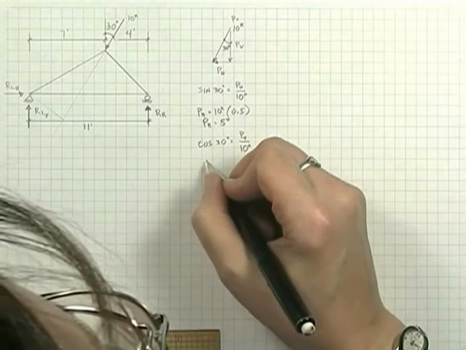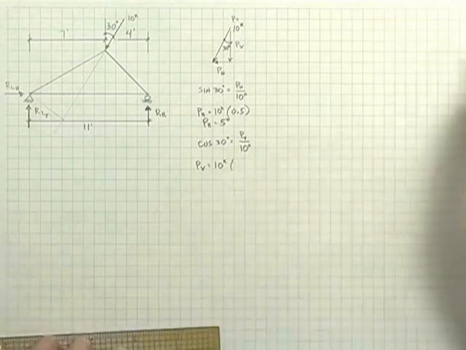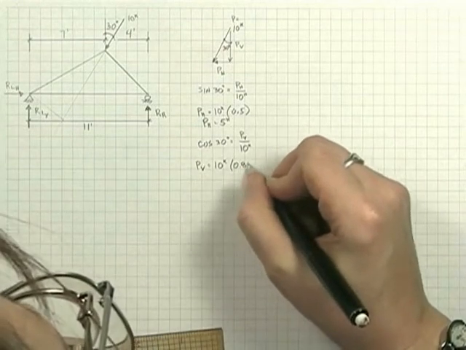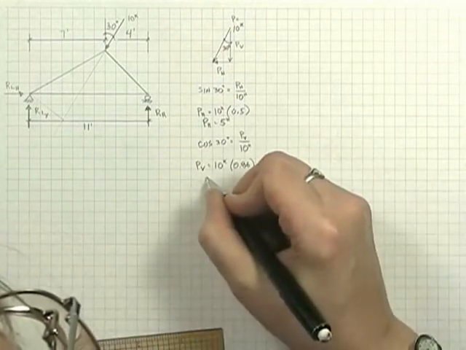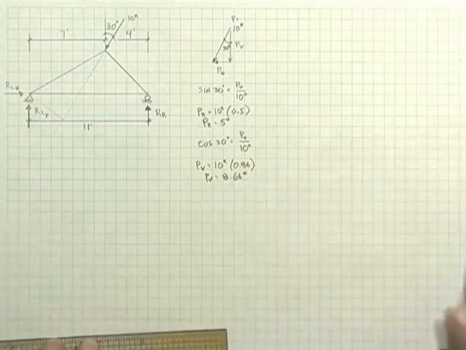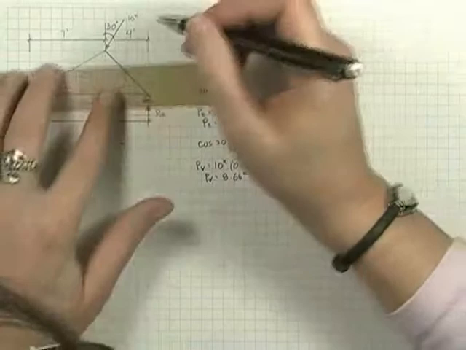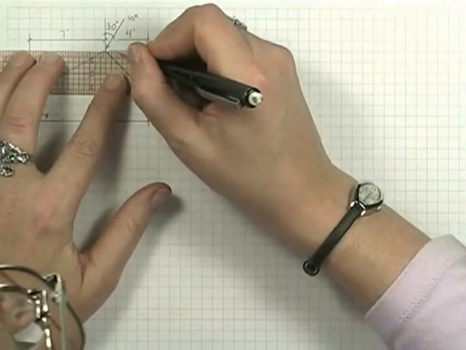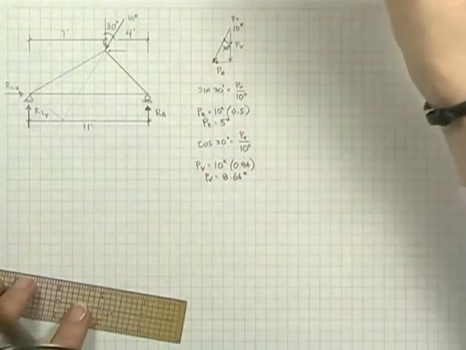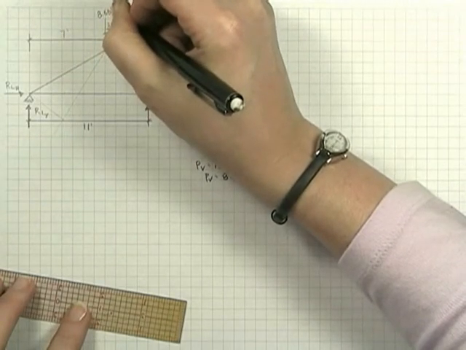So P vertical equals 10 kips times the cosine of 30 degrees, or 0.866, 8.7 kips. So, looking back to our original truss, if we were to mark these in here, vertical 8.66, horizontal 5.